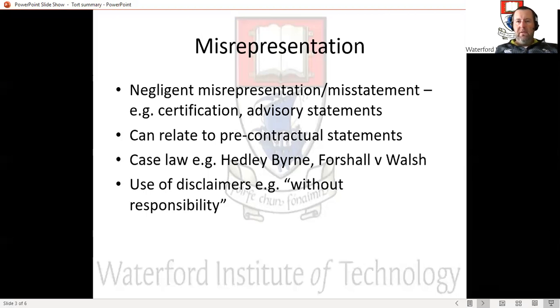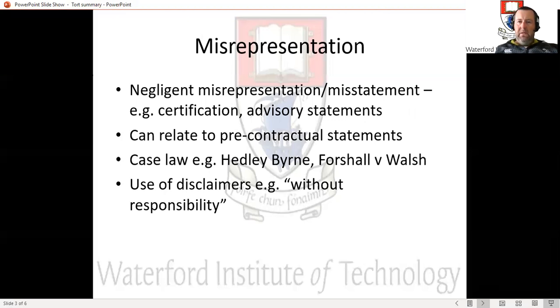In terms of the types of statements, a certification statement, say certifying works in construction or in business, if you take maybe an accountant or an auditor certifying statements of accounts, it's quite a serious responsibility. Or you go to your financial advisor and they advise you about investments to make. So those advisory statements, if they turn out to have not been properly looked into and checked out before they were issued, could lead to a claim for negligent misrepresentation or misstatement.